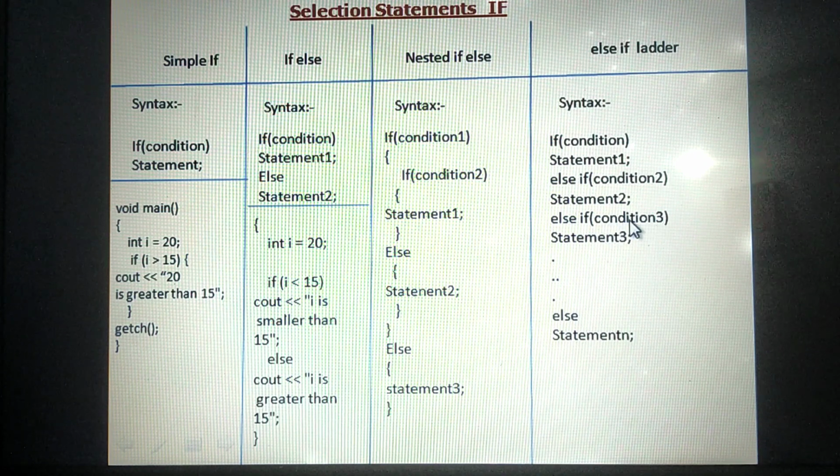If the third condition is true, the statement which follows condition 3 will execute. If no one is true, all the if conditions are false, the last part will execute. This is the way we can make use of the else if ladder in applications.